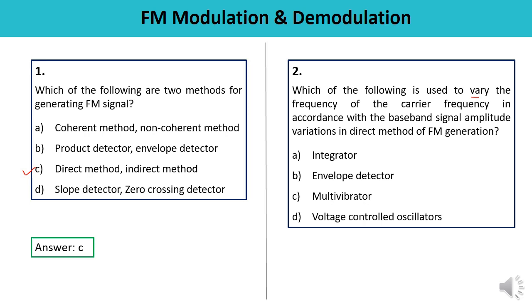In case of direct method, we have studied that VCOs, that is the voltage control oscillators, are used to vary the frequency of carrier signal according to the baseband signal amplitude variations, and these oscillators use the device with reactance which can be varied by the application of the voltage. It means the correct option is D.